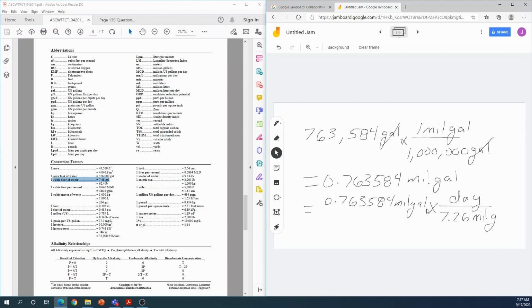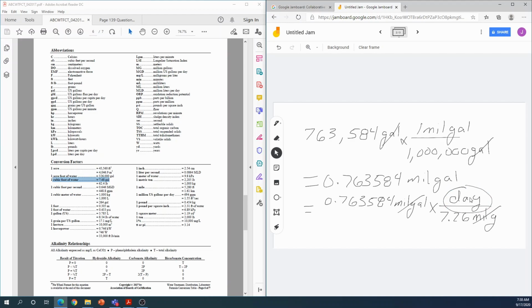I wrote it out like this, using a multiplication sign, just so I can show you guys how we're going to be tracking our units, because our flow was in million gallons per day. So the day is going to be back on top here. So million gallons cancel million gallons. This is going to get me into a detention time in days though.